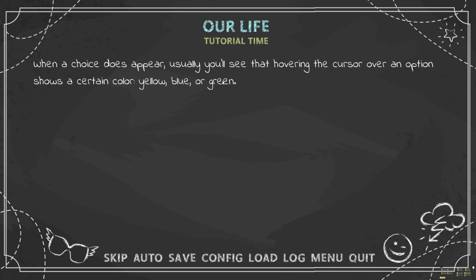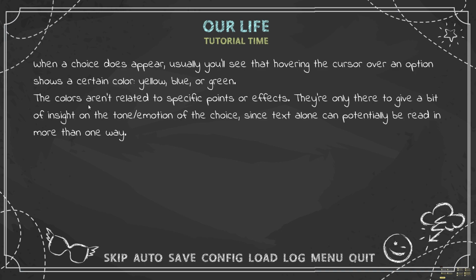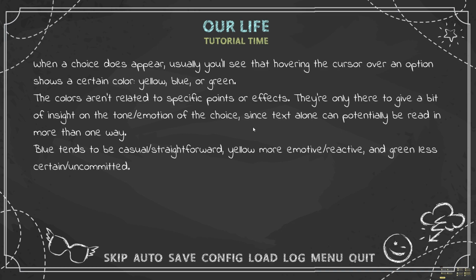When a choice does appear, you usually see it hovering yellow, blue, green. The colors aren't related to specific points of effect, they're only there to give you a bit of insight into tone and emotions, although choice and text alone can potentially be read in more than one way.